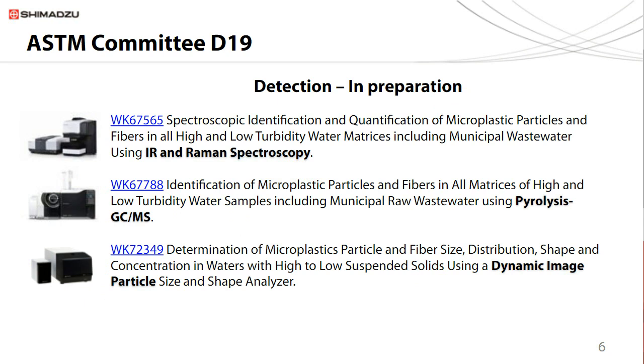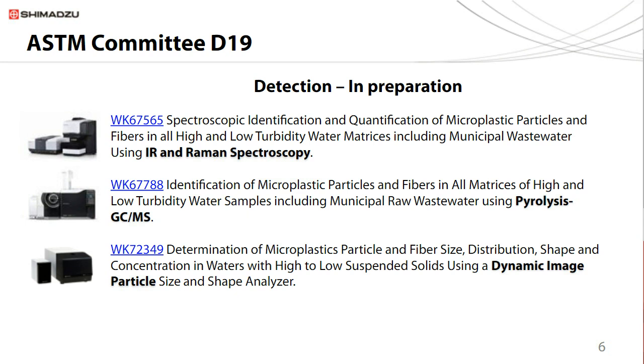The third area in which ASTM is working on are the actual analytical methods to quantify, detect, and assess the composition of the microplastics. There are currently 3 projects ongoing that are going to become 4, and they focus on the use of different instrumental techniques.